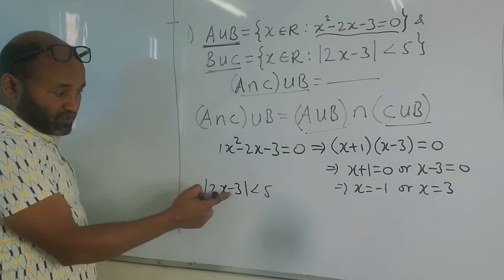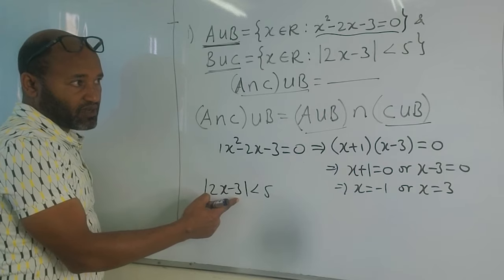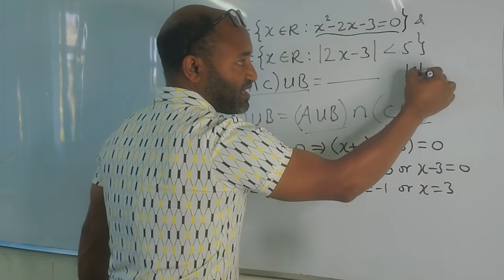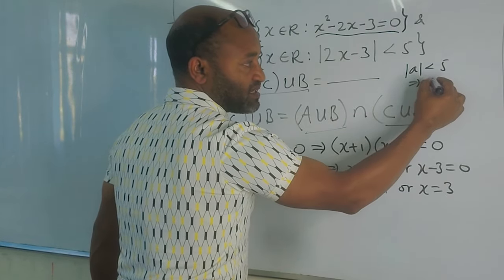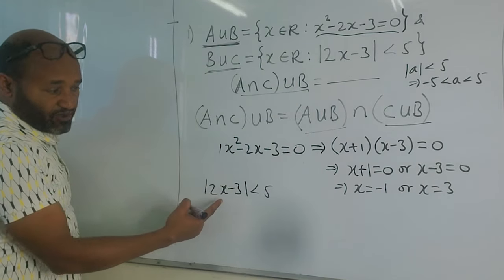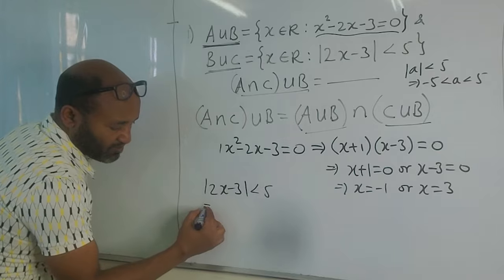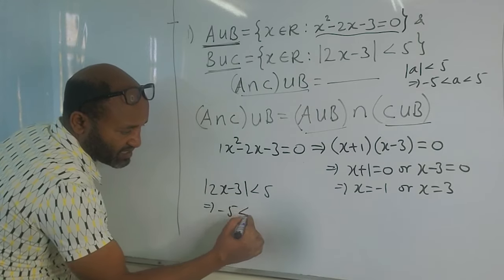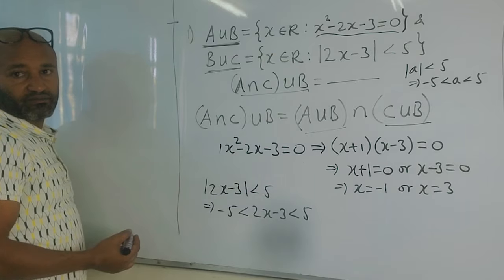From the property of absolute value, we know that absolute value of A less than 5 means minus 5 less than A less than 5. So apply that property here. Consider 2x minus 3 as A. Therefore, this implies minus 5 less than 2x minus 3 less than 5.